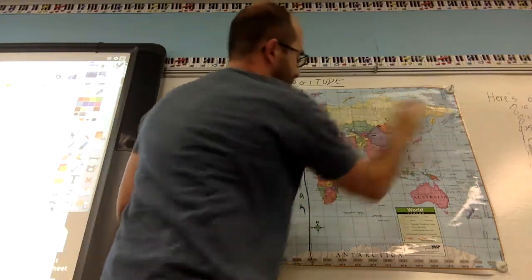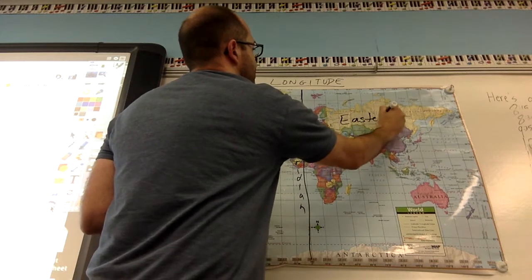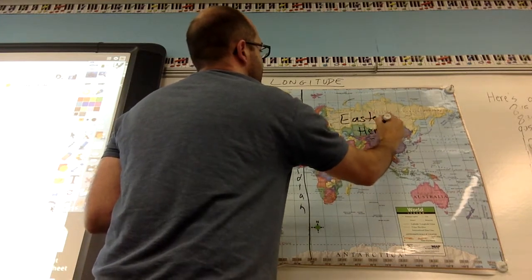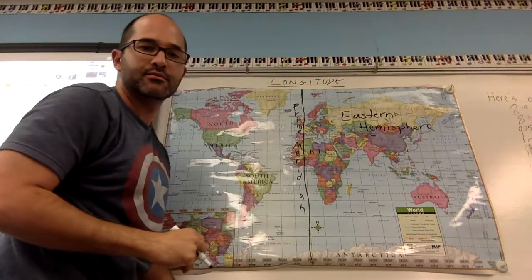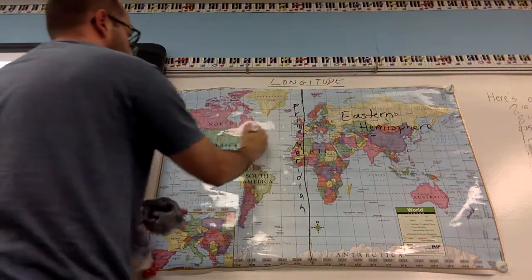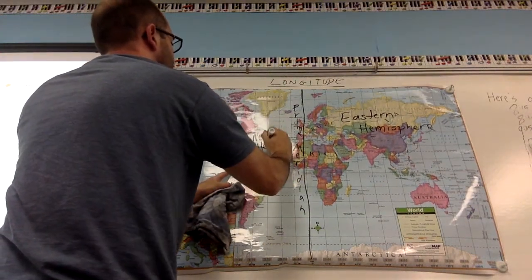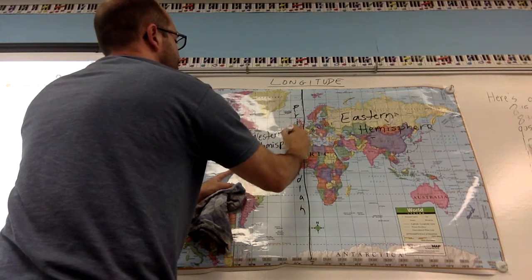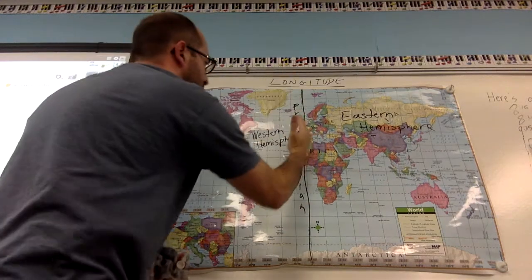On the east of the prime meridian is the eastern hemisphere. And on the west of the prime meridian, we've got the western hemisphere. So the United States, we are west of that prime meridian.